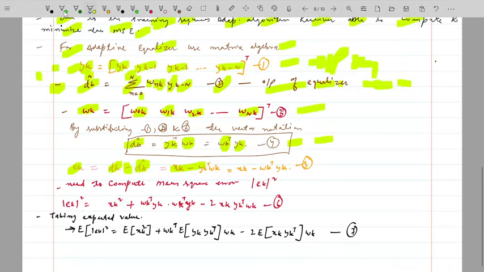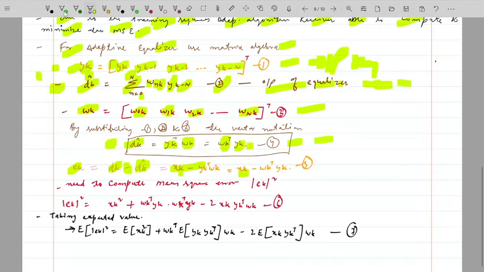X of k is the input signal transmitted from the transmitter, minus y of k transpose multiplied with w of k, this above estimated equation. So x of k minus w of k transpose y of k: the desired output is what we want, x of k, that we have transmitted from the transmitter. That is why we have taken x of k to represent the desired output, minus this estimated output.